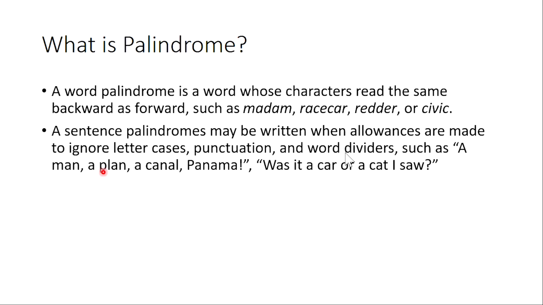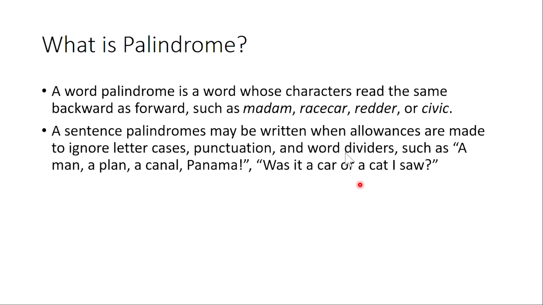If you read it backwards: man, then a plan, plan, a canal, canal, and then Panama. Something similar for this sentence: was it a car or a cat I saw? Then read it backwards: was, it a car or a cat, and I saw, saw.